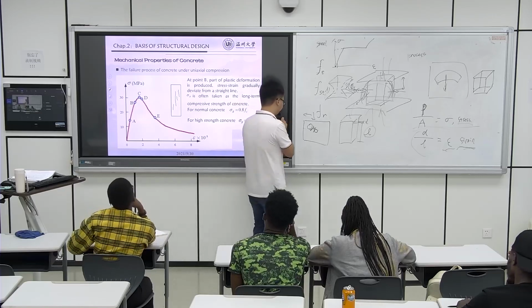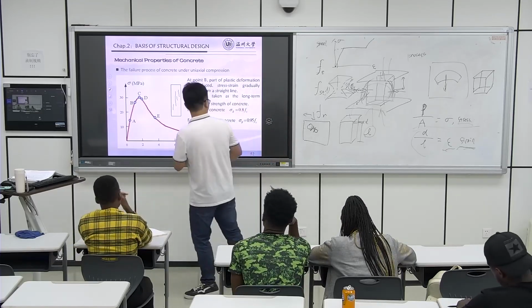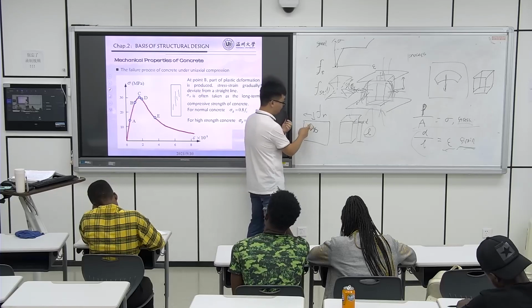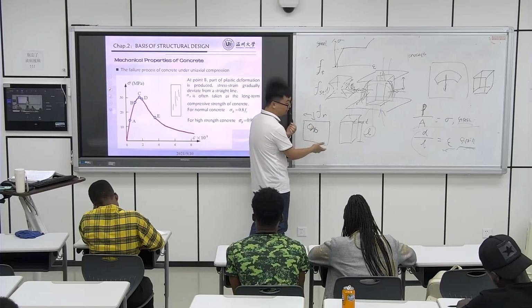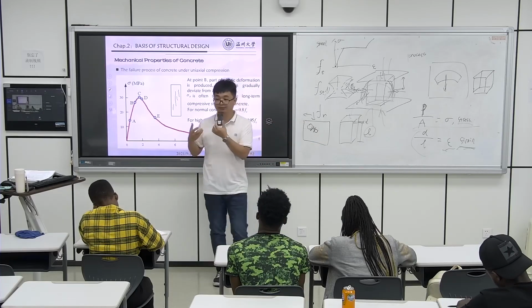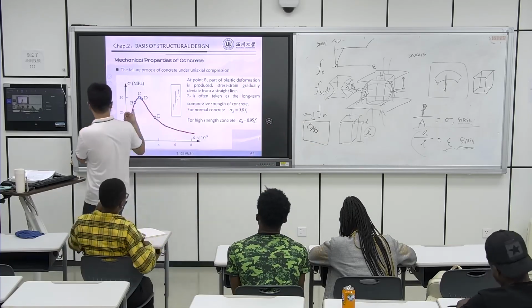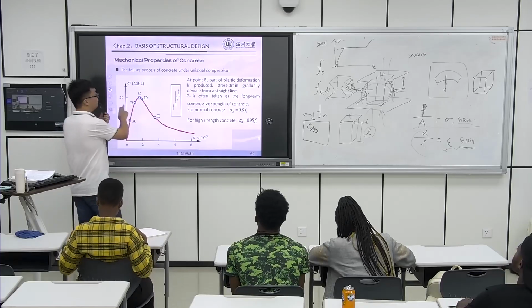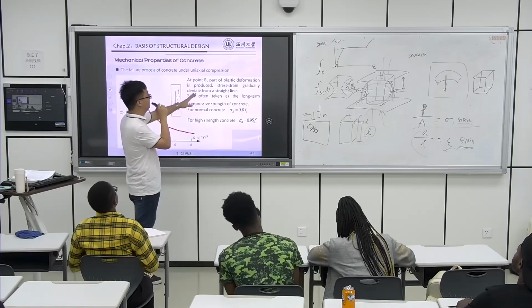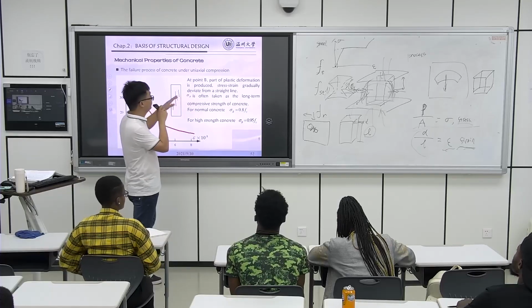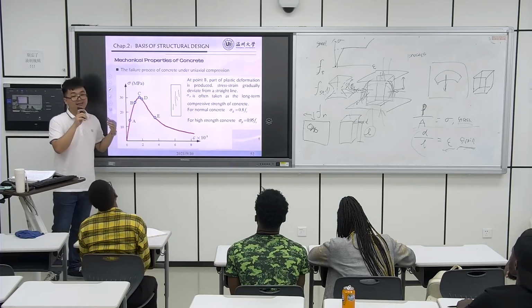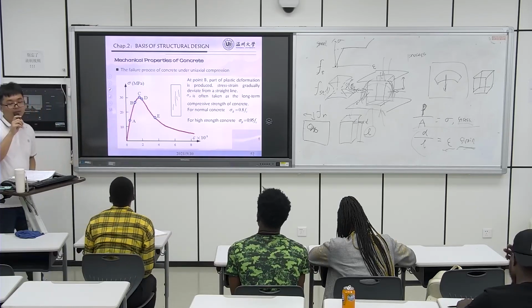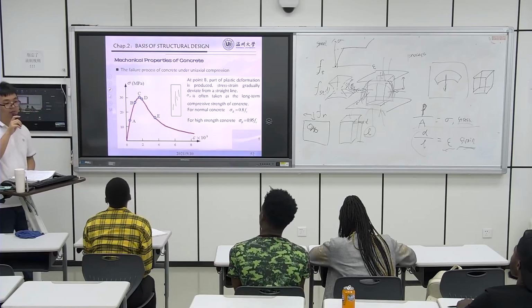Here I just draw part of the cementation with the aggregate, and they also have some cracks. So coming to point B, that means plastic deformation exists during this period. Plastic means that when we apply the load and remove it, the deformation will not recover.